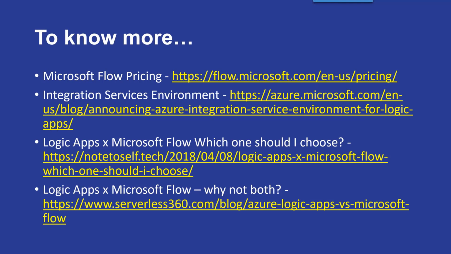It is interesting to know that integration service environment just went GA at Build, so it's ready for you to use if you need it. Look carefully at whether it's something that you need to use. It's quite powerful, but with great power comes great responsibility and a bit of a great price.